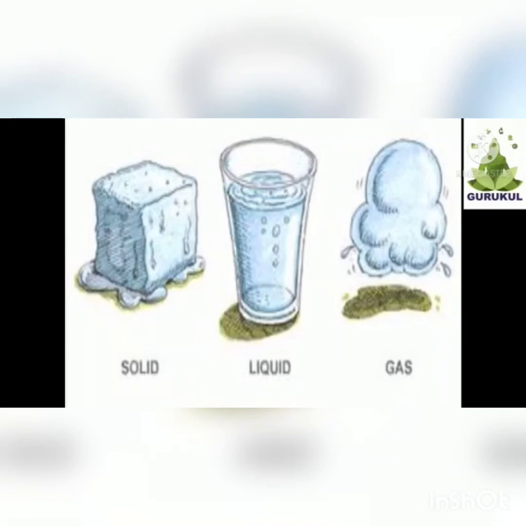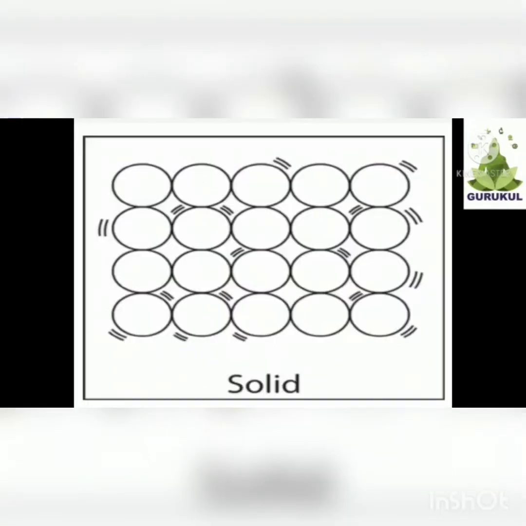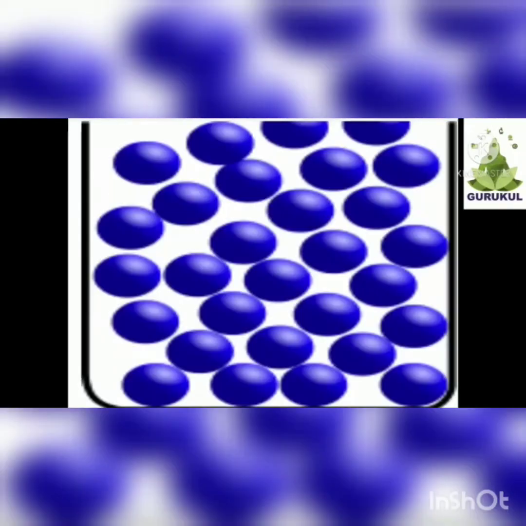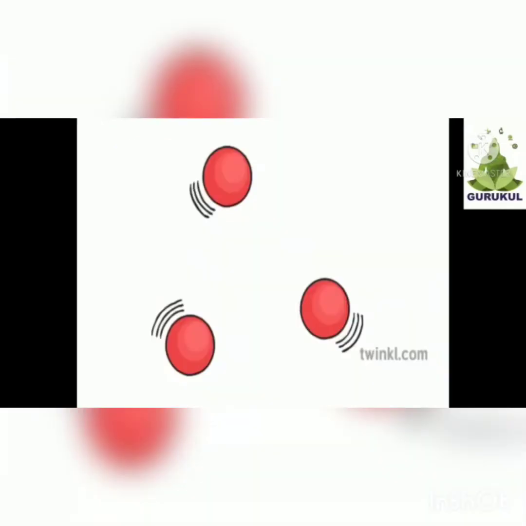Correct. Then liquid means water, the normal water state. And after that, gaseous state. It means what? The water vapors which come out from the water when we heat it. Correct. So these are the main 3 states of water. Which are those? Listen carefully. Solid, liquid and gaseous states. Okay.